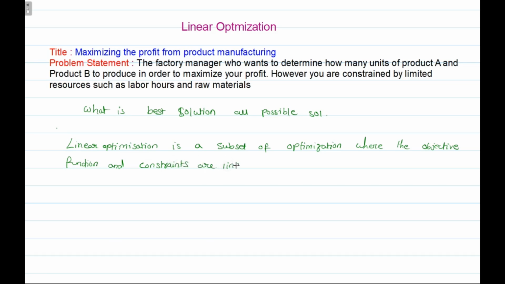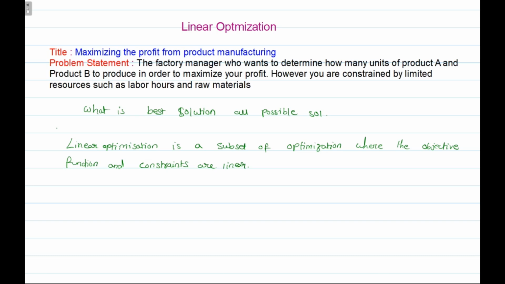Okay. Optimization is to find the best solution from all possible solutions, and linear optimization is a subset of optimization where the objective function and constraints are linear. So there are different parameters available in optimization. One by one we will discuss them while doing the problem.